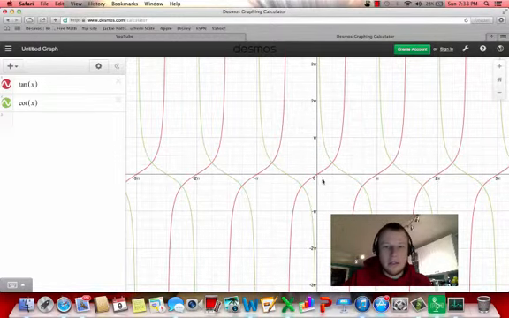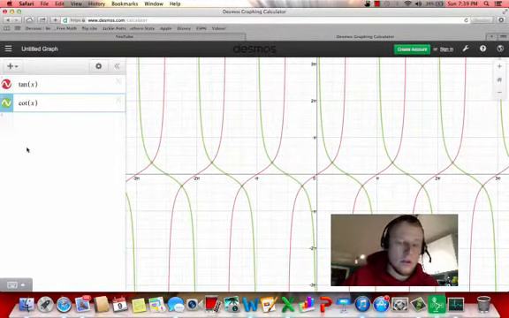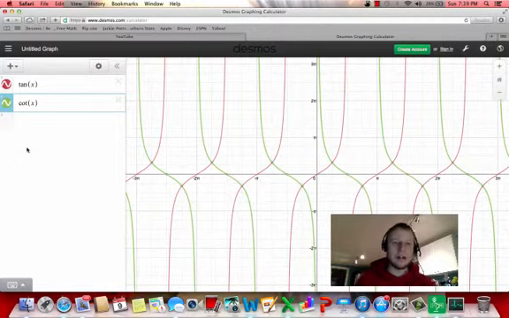The asymptotes are at 0, pi, 2 pi, and so on. And instead of swerving up, it swerves and then comes down. So here it crosses at pi over 2, 3 pi over 2, 5 pi over 2, and so forth. And with the period, the phase shift, and the vertical shifting, it does the exact same thing.